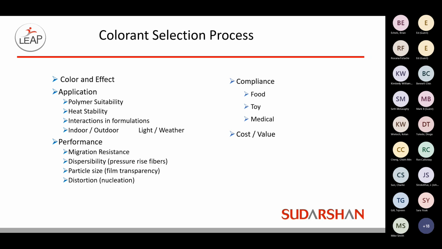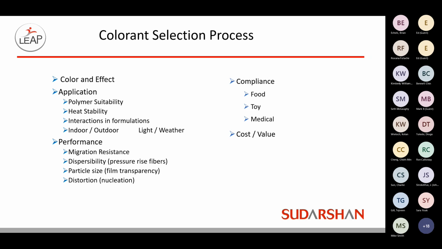What other types of additives or ingredients are in the formulation that might cause an interaction with the pigment? And of course, whether or not it's going to be an interior or an exterior type of application. So we need to understand what kind of light and weather fastness requirements are needed for that colorant.